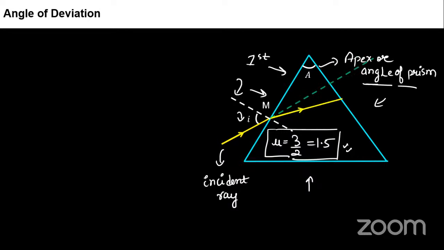When a ray is passing from this air medium into this glass material, it will show a deviation like this.